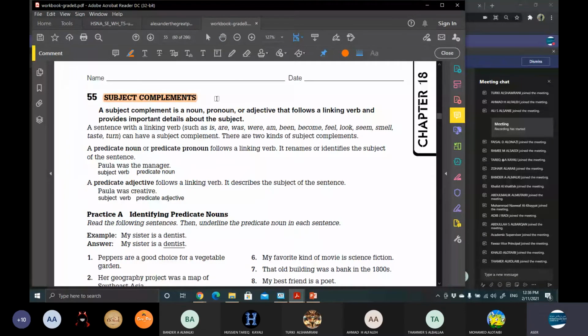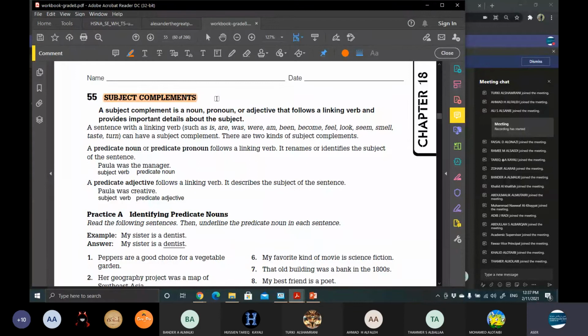Actually, the subject complement is the same as the verbal phrases. They are just like using adjectival phrases. They are something within the sentence which gives us some identification of another thing. Yet, the subject complements have some conditions. Their condition is that they must follow a linking verb.